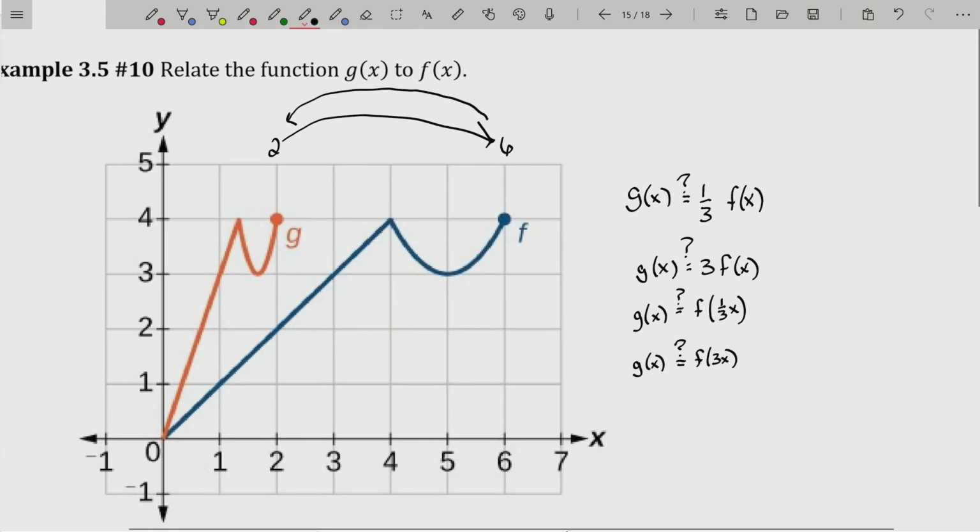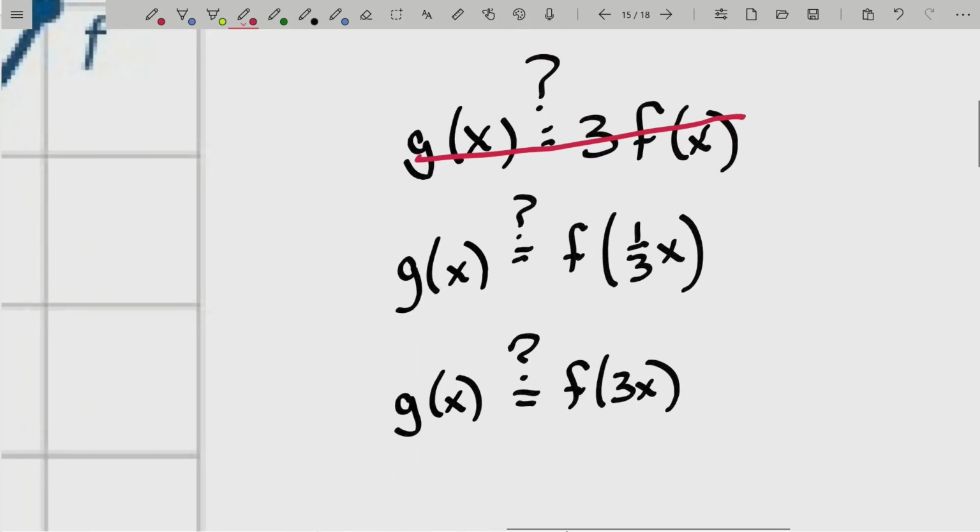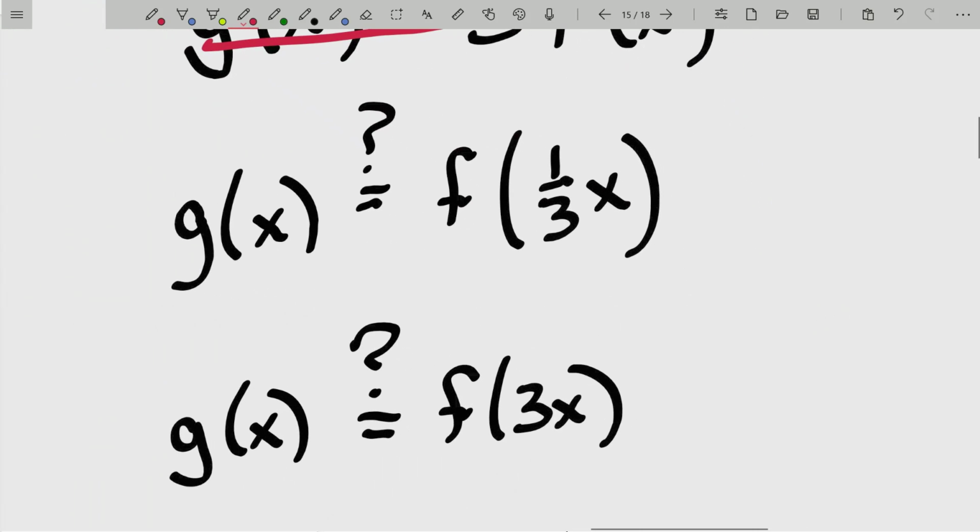And by the same argument, it's definitely not that g of x is 3 times f of x, because if that was the case, this point at a height of 4 would be at a height of 12. It'd be off the screen. So it's definitely not the second case either. So this is gone and this is gone. So we're really down to g of x equals f of some number times x.